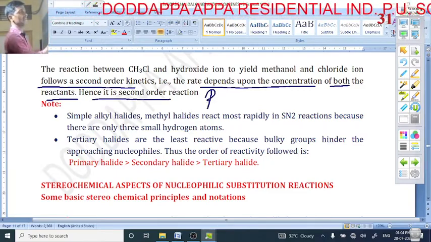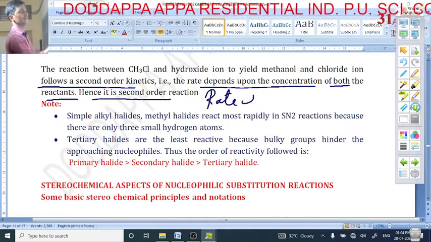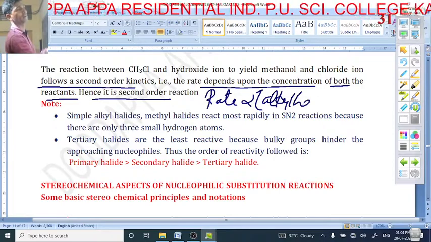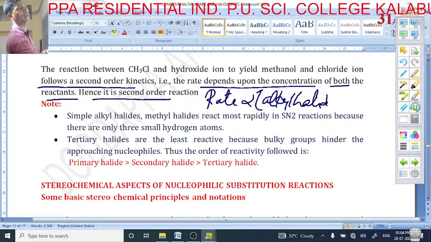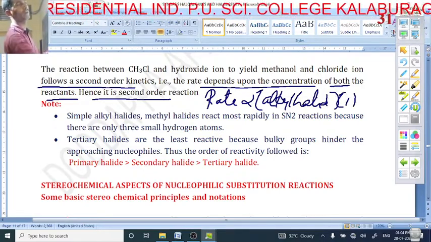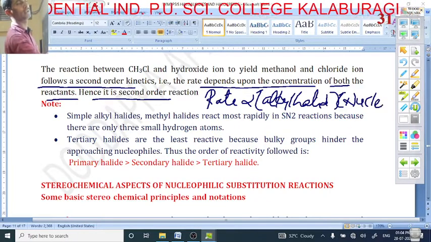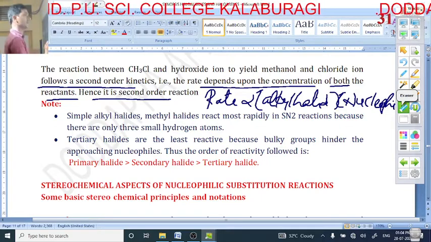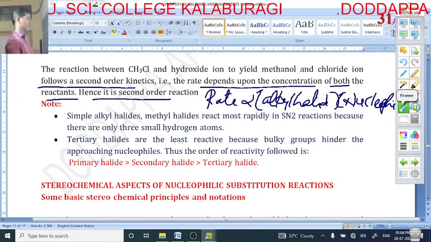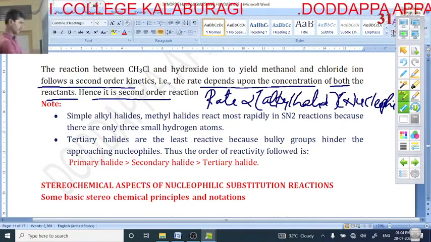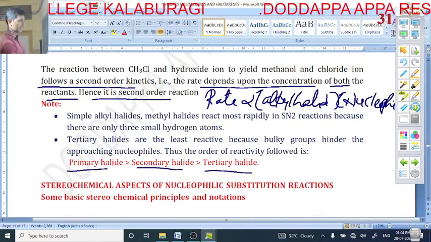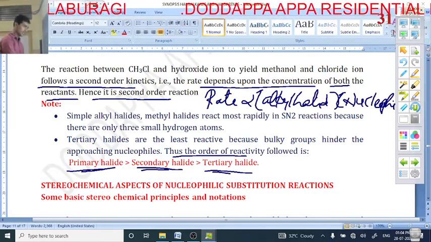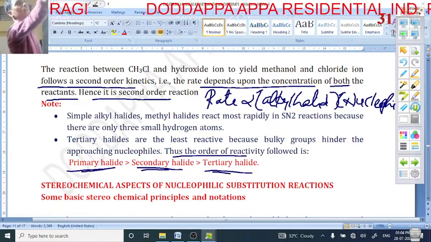It means the rate is directly proportional to the concentration of the alkyl halide and the concentration of the nucleophile. The reactivity is more in primary, then secondary, then tertiary. So this is about the SN2 reaction.